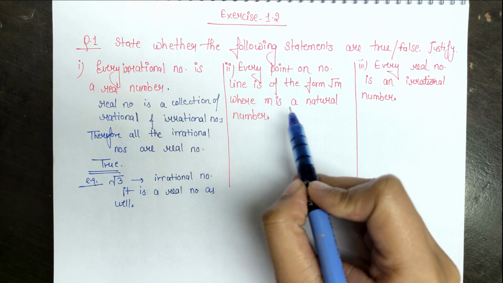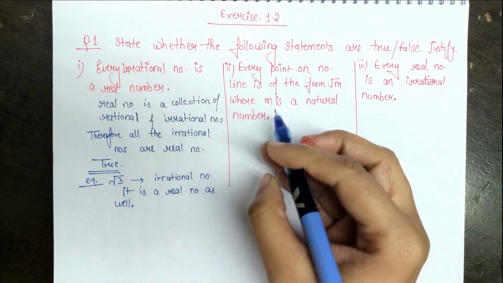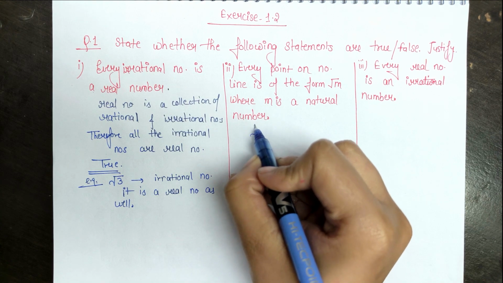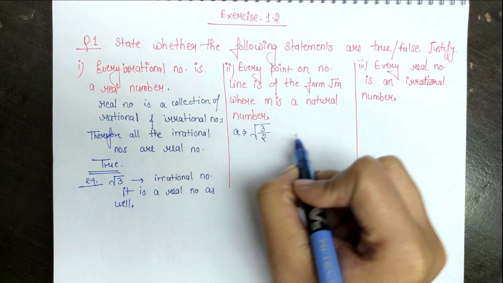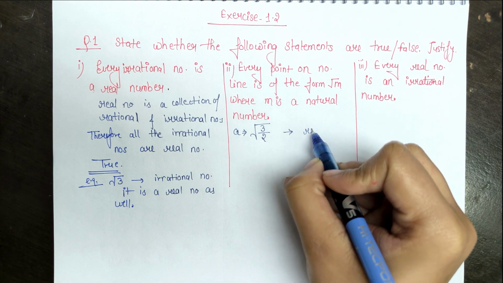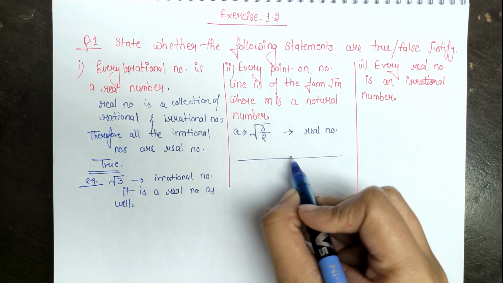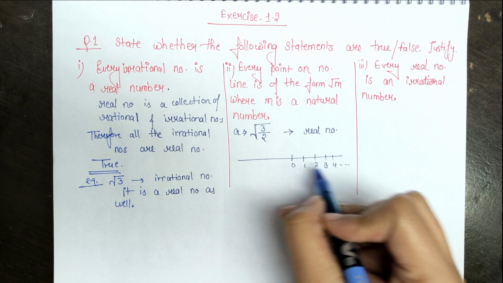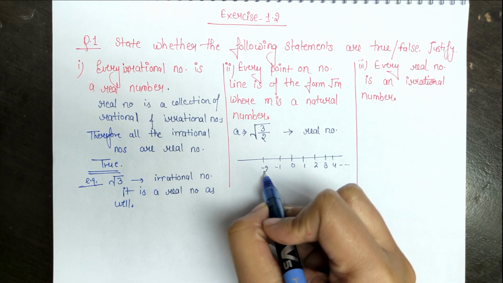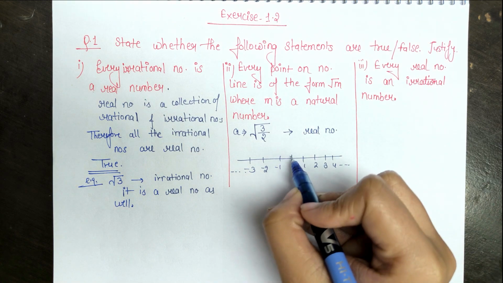root m, where m is a natural number. Okay, so let's take a number that is root 3 by 2. Okay, this is a real number. When we look into the number line, all the real numbers are present on the number line.